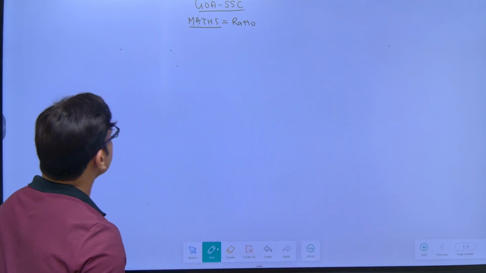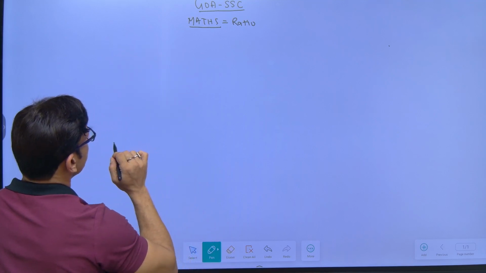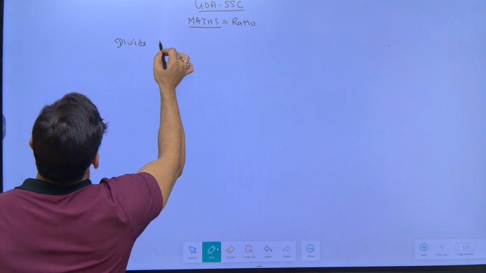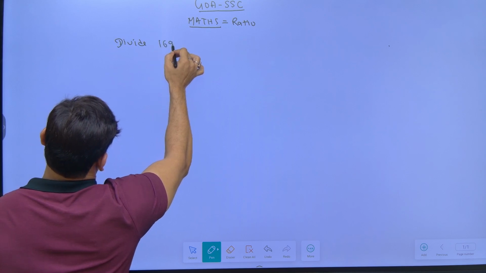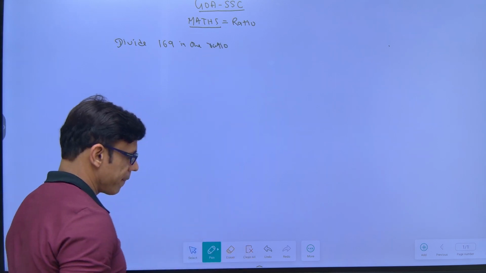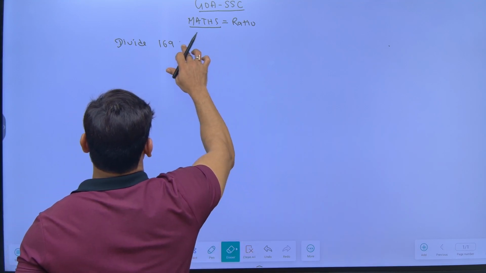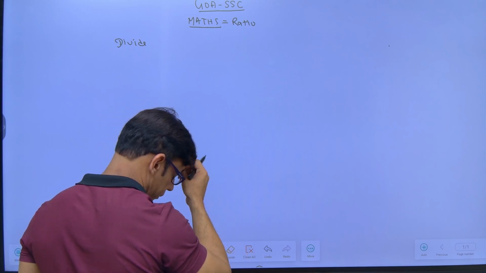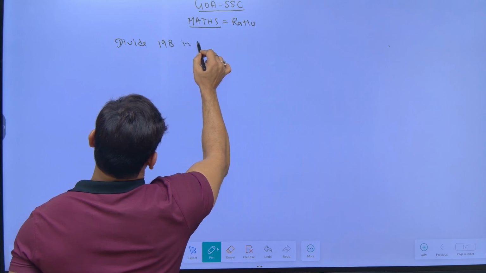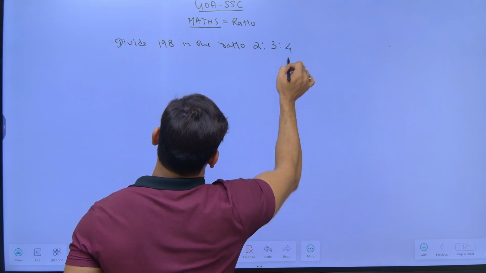So the question is, divide 198 in the ratio 2:3:4. Now three ratios are there.